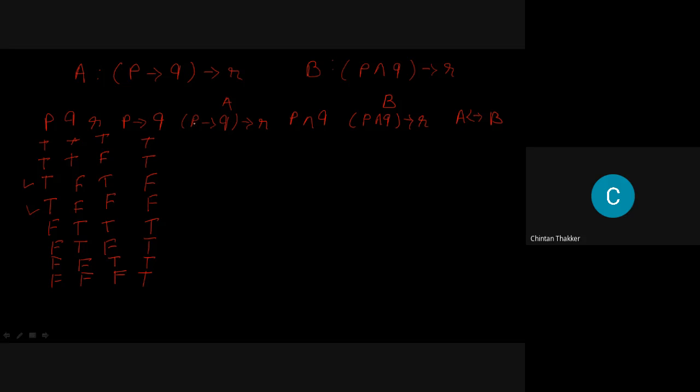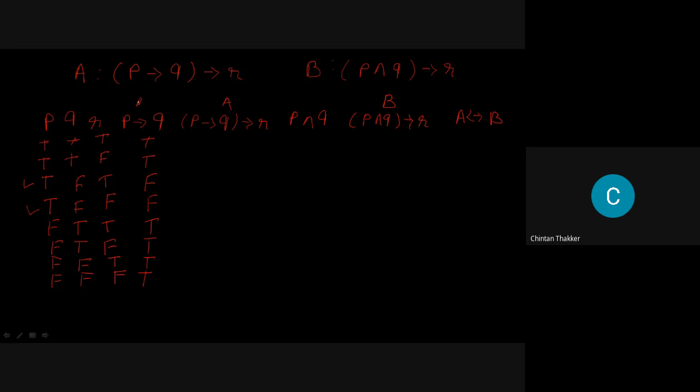Now P implies Q implies R. This is the first statement and this is the second statement. Here true, true, so true. In the second, this is true and this is false, so we have false. Then for the two false ones, no need to check R, we can write directly true.